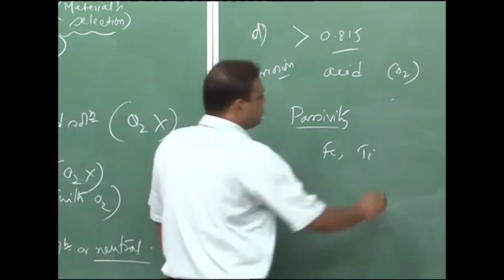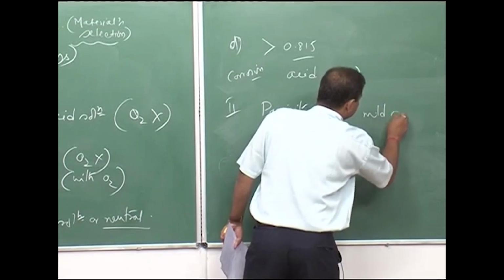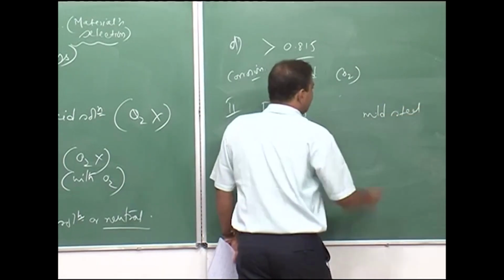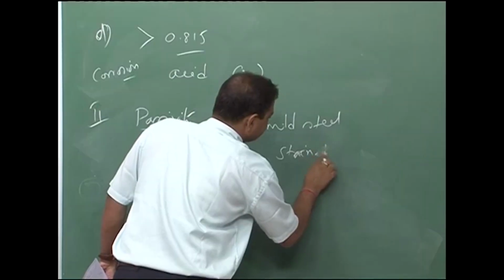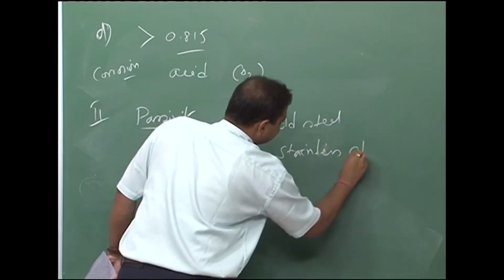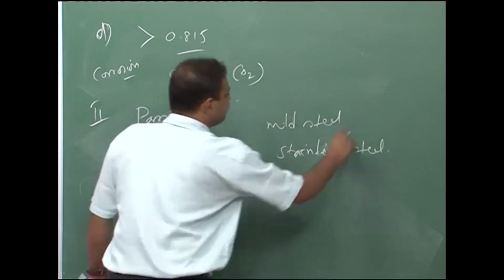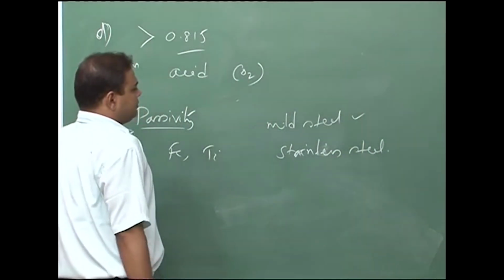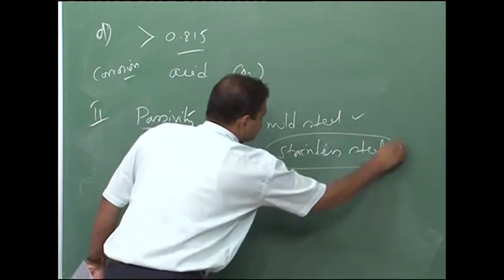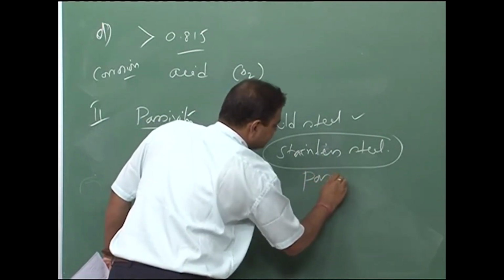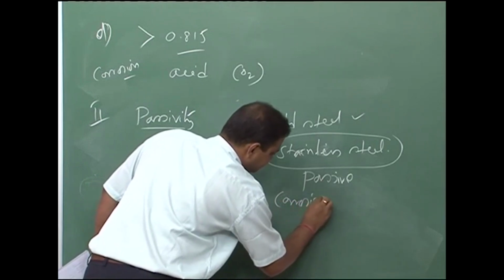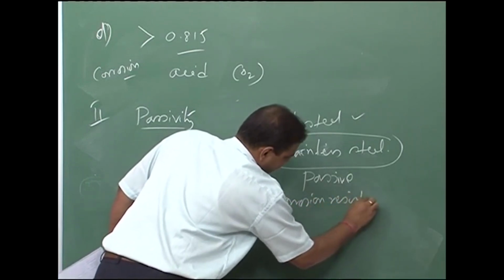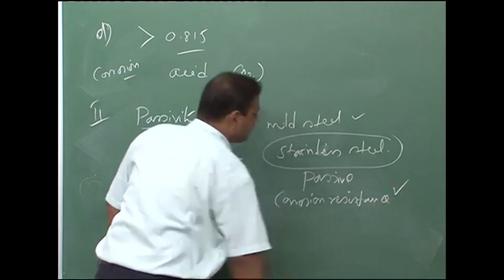For example, mild steel and stainless steel would be active all the time, but can go into a passive state, and corrosion resistance would improve.